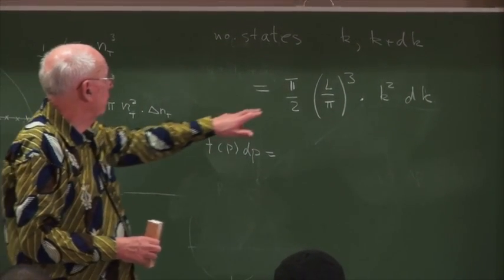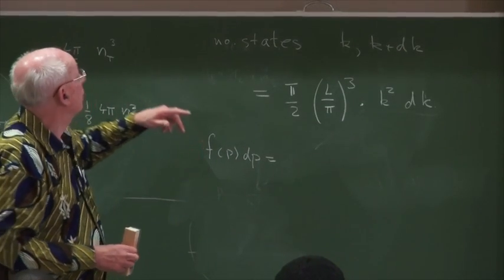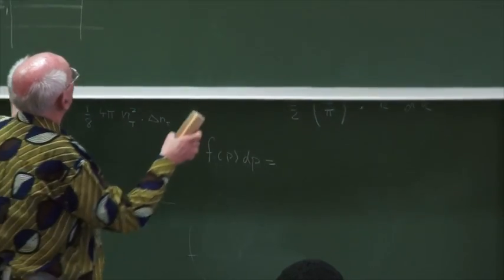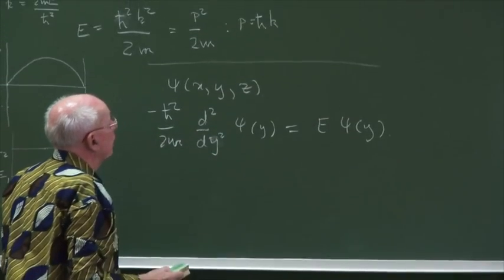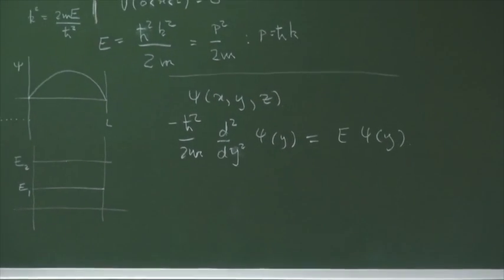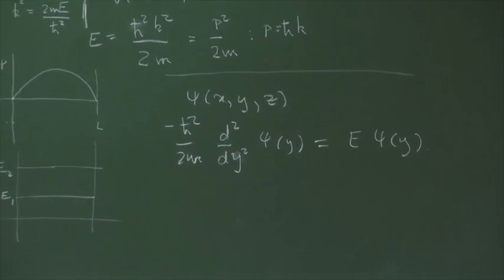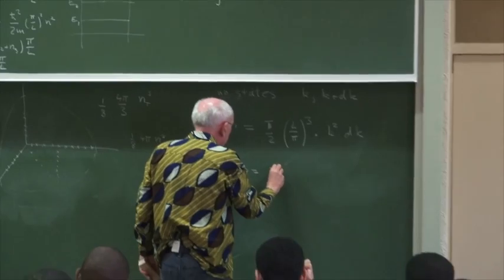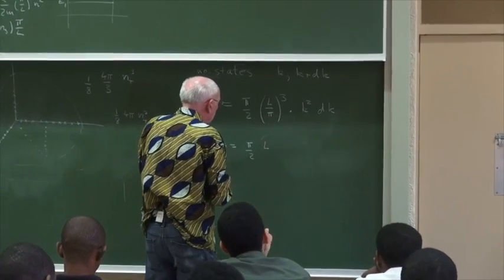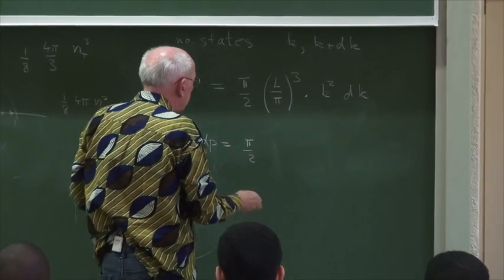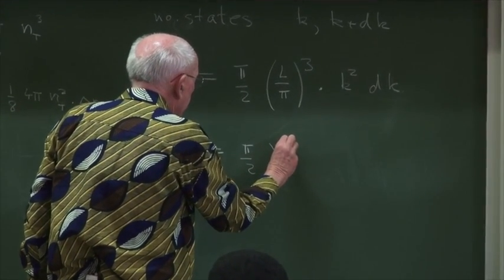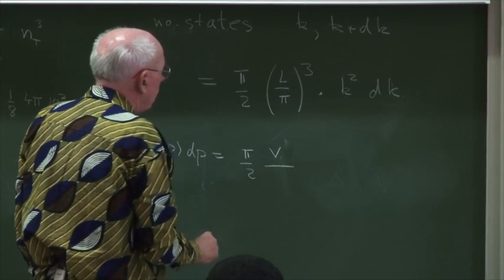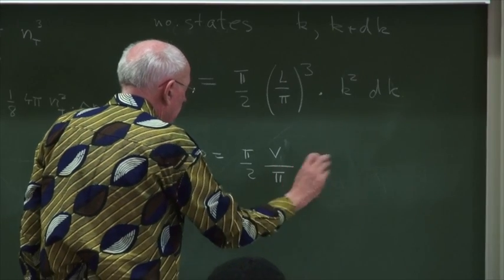The only thing I still have to do is change k, I put in p and I divide by h bar, and then I get, let me say L to the 3 is V. V is L cubed, is the volume of the box.